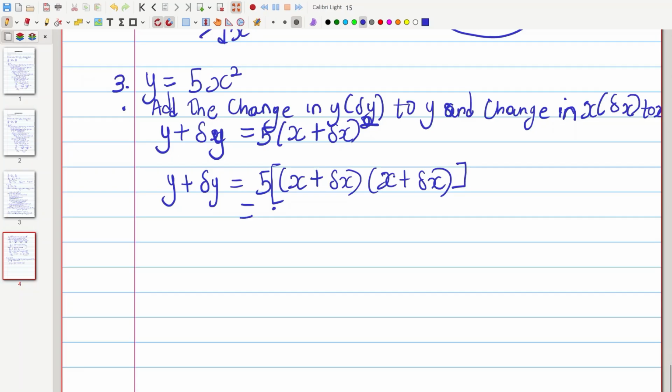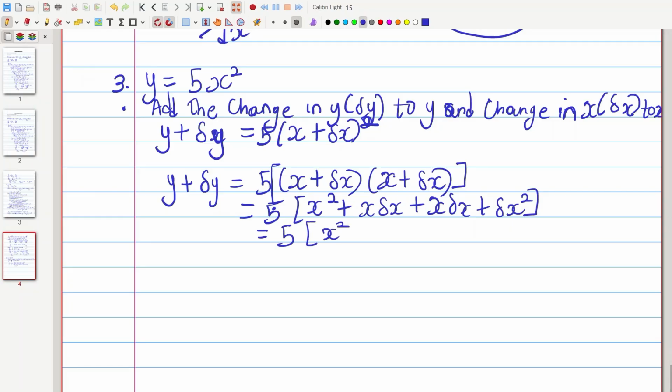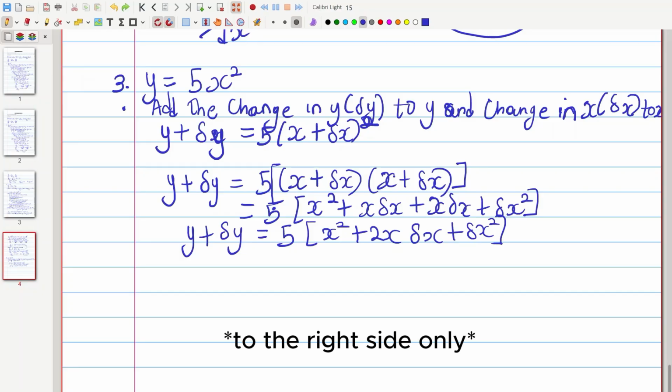So this will be 5x squared plus x delta x plus x delta x plus delta x squared, which will be 5x squared plus 2x delta x plus delta x squared, y plus delta y. The next step is open these brackets by multiplying 5 to all sides.